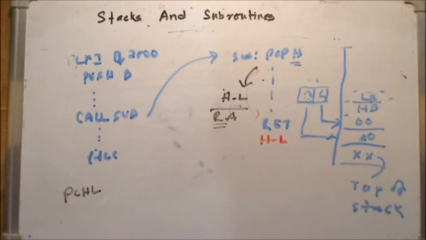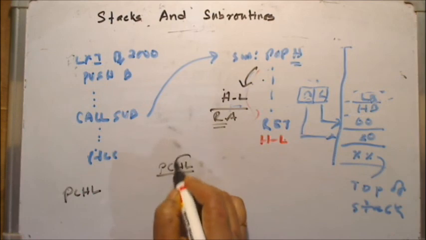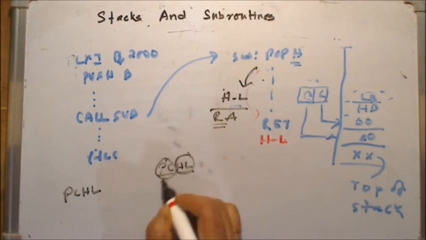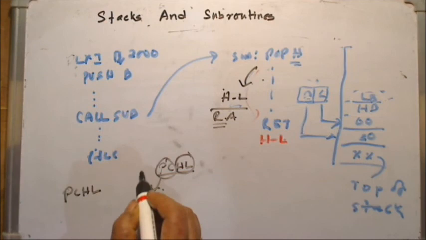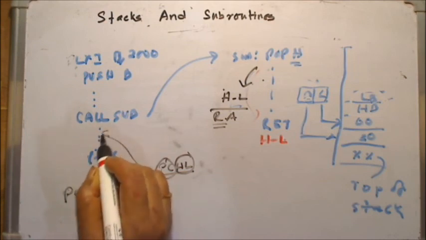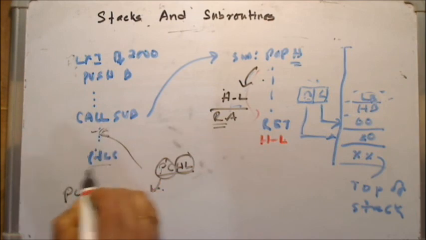Understood? If you write PCHL, PC will get the value from the HL pair and then you can return to the main program. It will come to the next instruction of the main program and the program will come to halt.